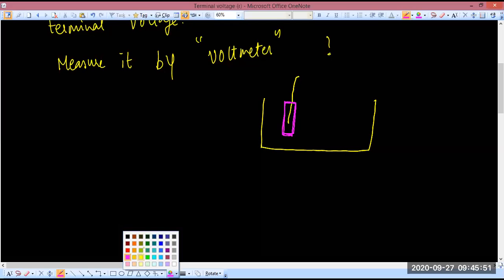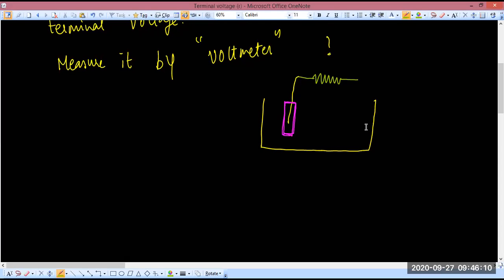Suppose you have connected some resistor or bulb or anything, it doesn't matter, to this cell. What I've drawn in a box is a cell.